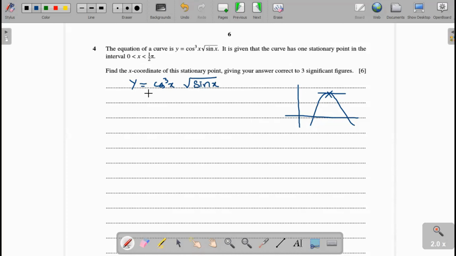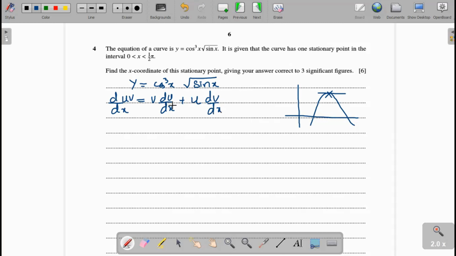To take the derivative, we use the product formula of derivative. The product formula is d over dx of u times v is equal to v times the derivative of u plus u times the derivative of v.